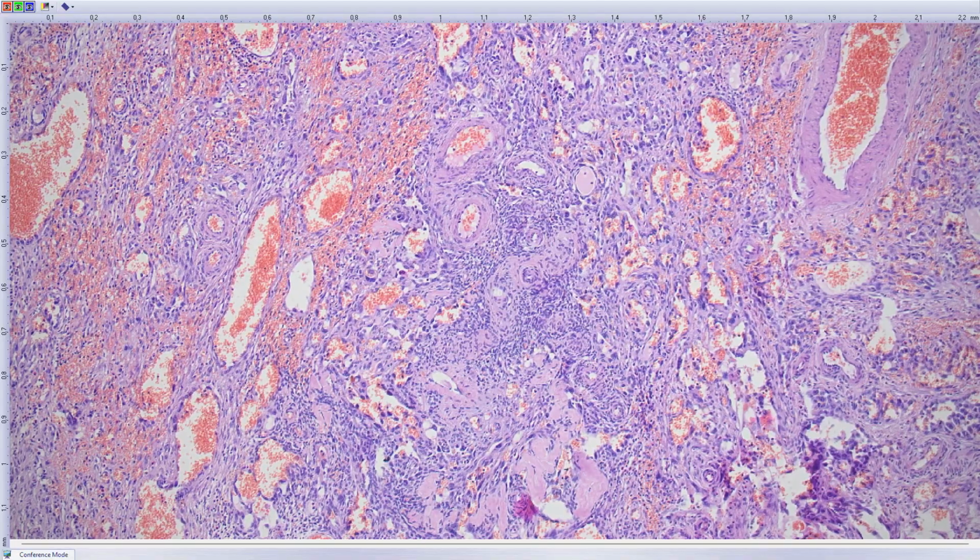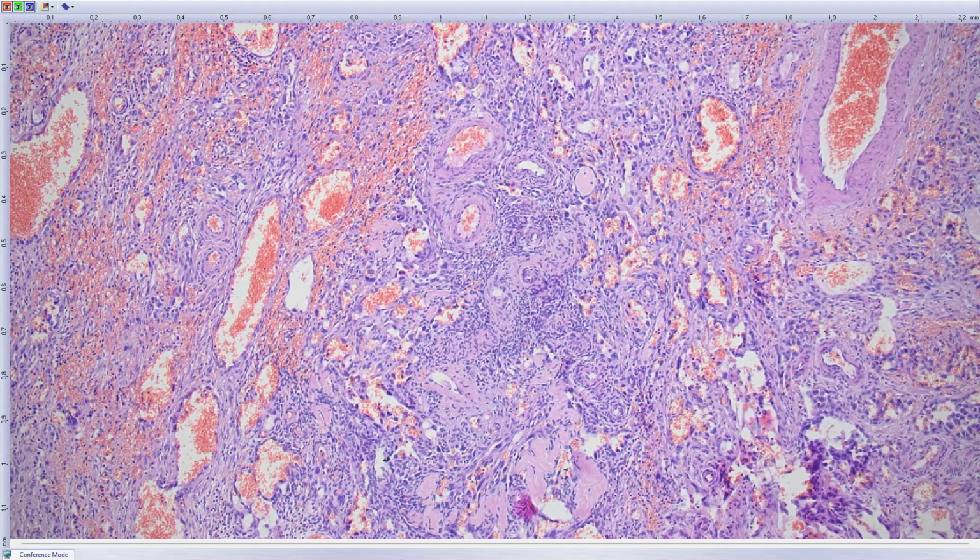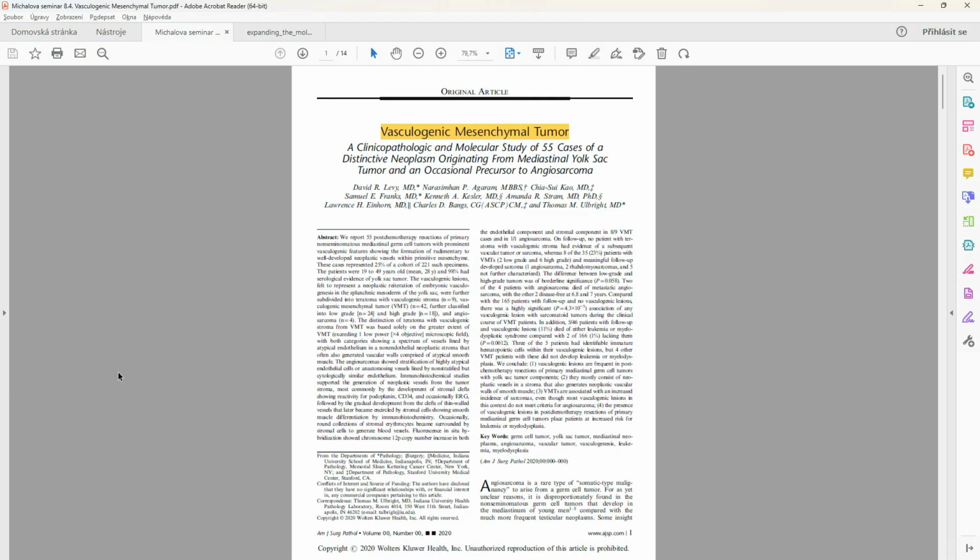I'm not sure if this diagnosis was correct, but my thought was that there are primary extragonadal germ cell tumors of non-seminomatous character, which occur in male patients in mediastinum.